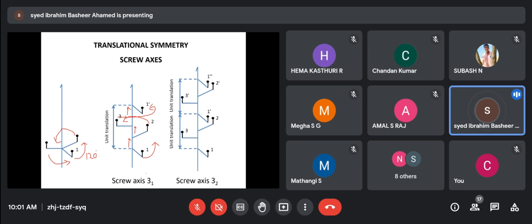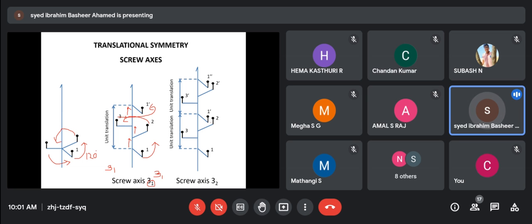All right. So if I use a threefold rotation, and if I translate a unit length, which is 1 unit length, this subscript 1. So this is screw axis 3, 1. You have to say the screw axis is 3, 1 because you are doing a threefold rotation and you are translating a unit length.